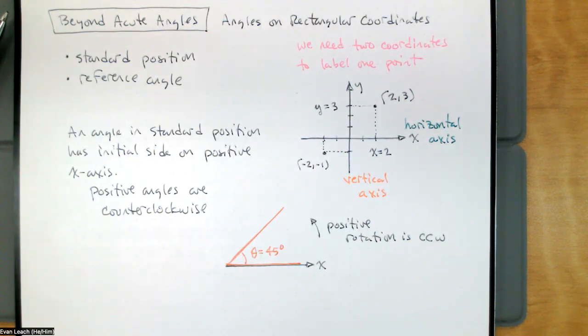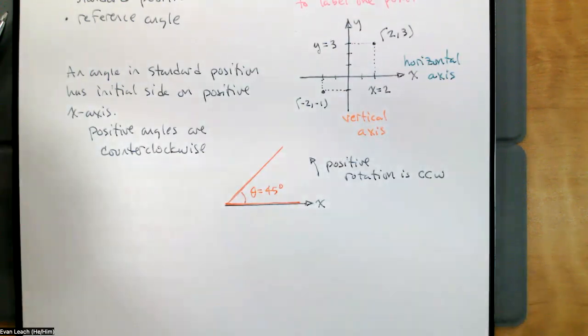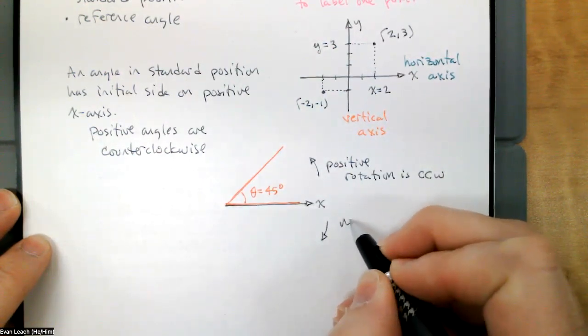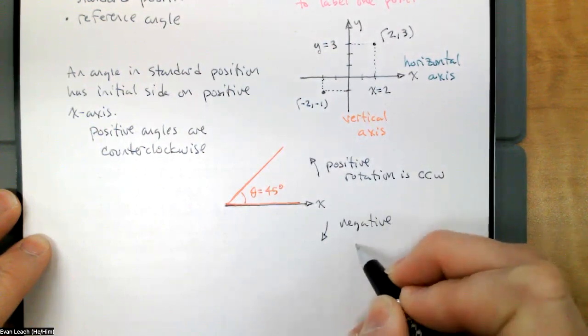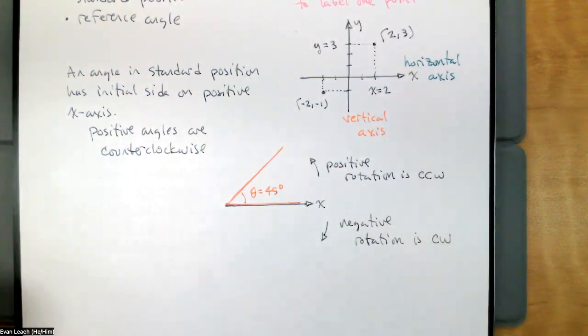That means our initial side is on the positive x-axis. Counterclockwise, from your perspective, is the positive direction. Clockwise rotation is negative. So if we want to draw an angle that's negative, we go clockwise.